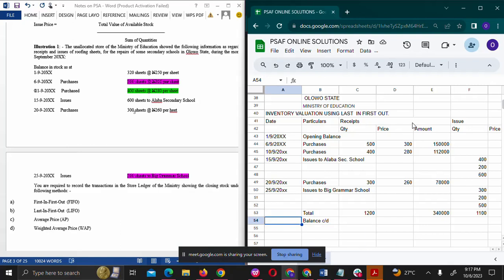You cannot give what you don't have. I don't understand. You didn't have it, so you can't issue it. Okay, see, sir, my screen is kind of small, but just to confirm if what I gained is the right thing. Let's assume you have a purchase on the 1st of October, and then on the 2nd of October we have an issue.